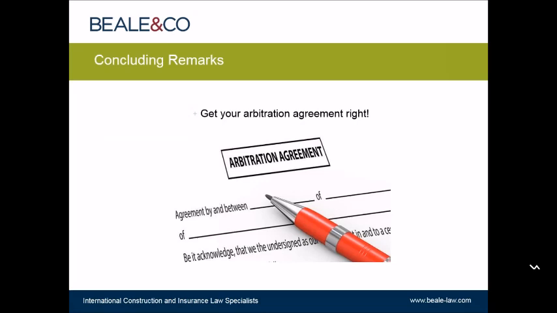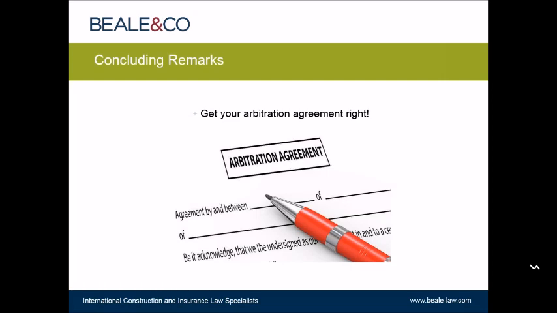Right. The key to having a successful arbitration all starts with parties agreeing to a robust arbitration agreement carefully drafted by your lawyers. Your legal advisors should advise you on your arbitration agreement based on the particularities of your transaction and agreement.